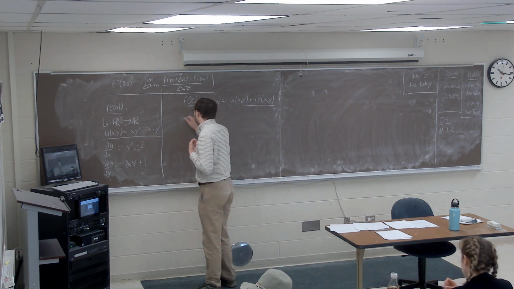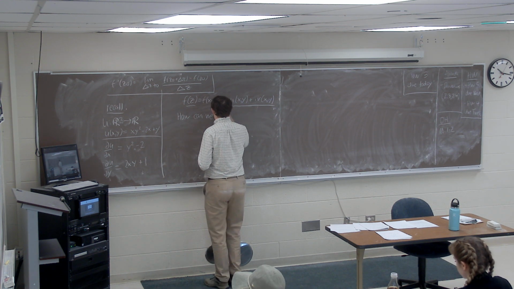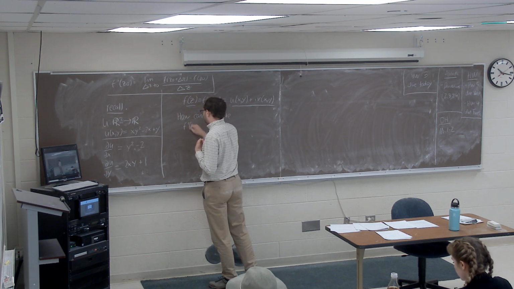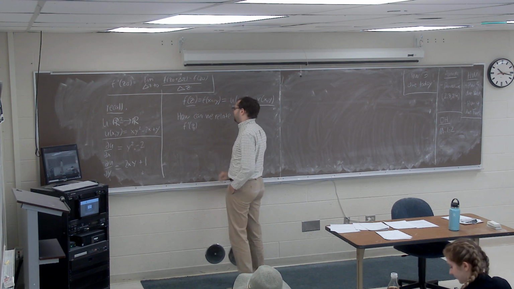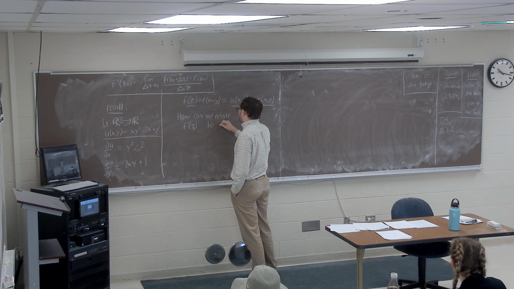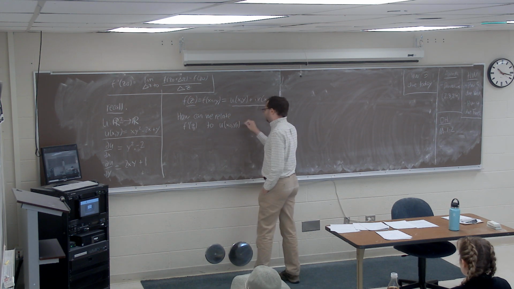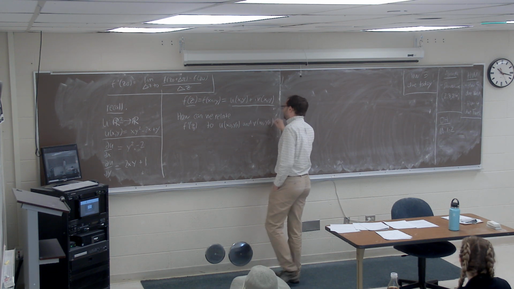So in other words, how can we relate f prime of z, or f prime of, let's say, some point z naught, to u of x naught comma y naught and v of x naught comma y naught?